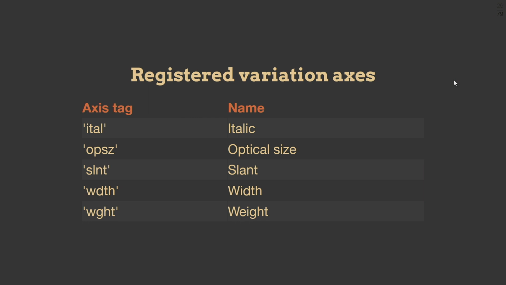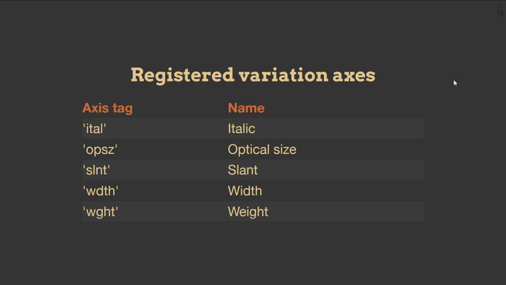Now, if you look in the font spec, there are what are called registered variation axes, which have cryptic 4-letter codes. One of them is italic, which is pretty much on or off, right? The slant, how much it tilts over for an oblique font, the width, the weight, as we saw, and optical size.